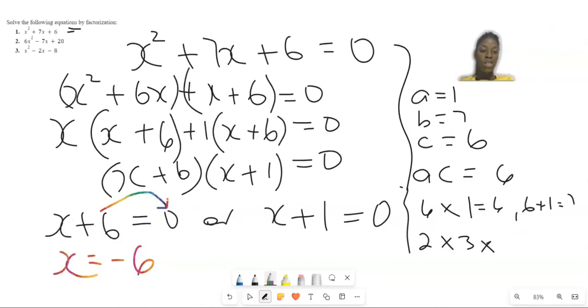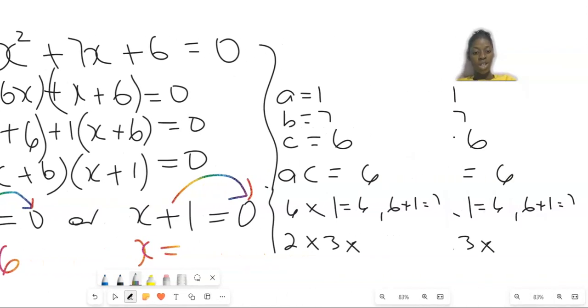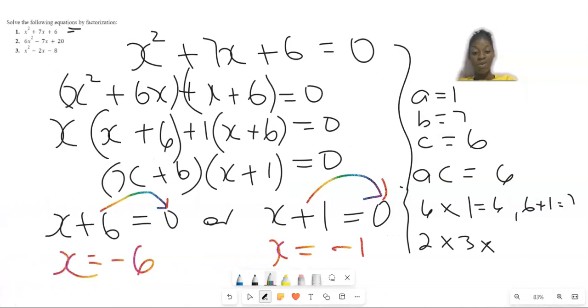Remember, once you move something from one side of the equal sign to the other side, you do the opposite operation. So over here we have x plus 1. When you move that 1, you will end up with x equals negative 1. So our answers would be x equals negative 6 and x equals negative 1. And you're supposed to get two values for x because of the x squared term. So this 2 here tells us that there are two values of x.